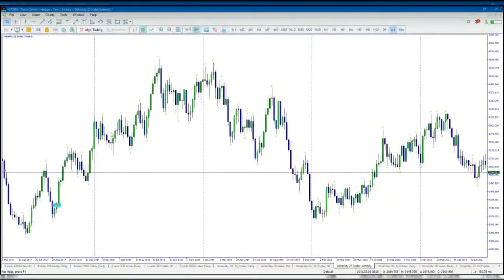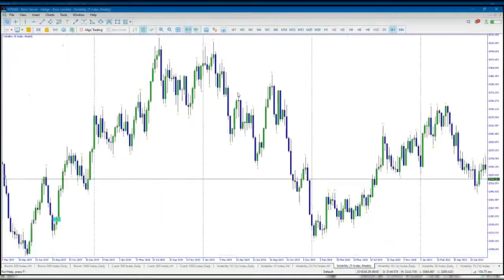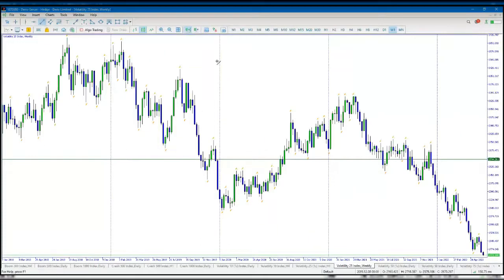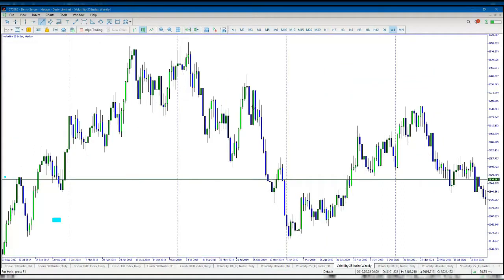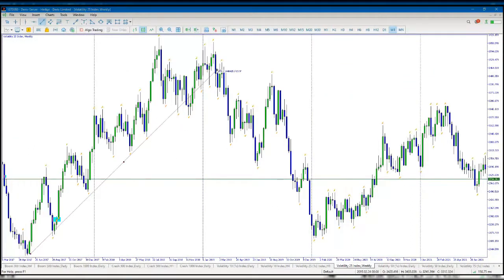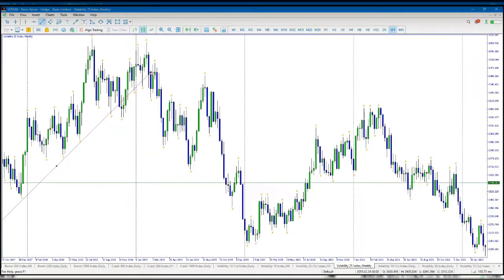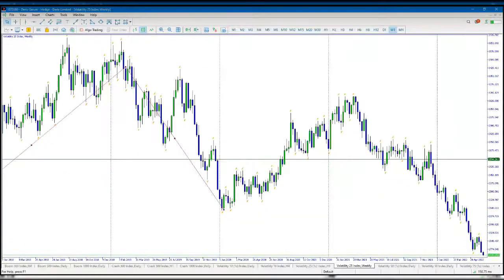So for the weekly, we can see that price gave a bullish trend, and then we had a kind of bearish trend, and then we had a short bullish trend, and then we had a bearish trend that is still going bearish.